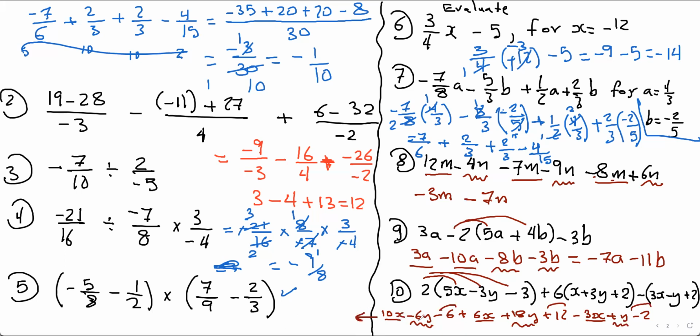So 10x plus 6x is 16x. 16x minus 3x is 13x. -6y plus 18y, that's 12y. 12y minus 12y plus 1y here is plus 13y. And -6 plus 12 is +6. 6 minus 2 is 4. And that is our final answer.